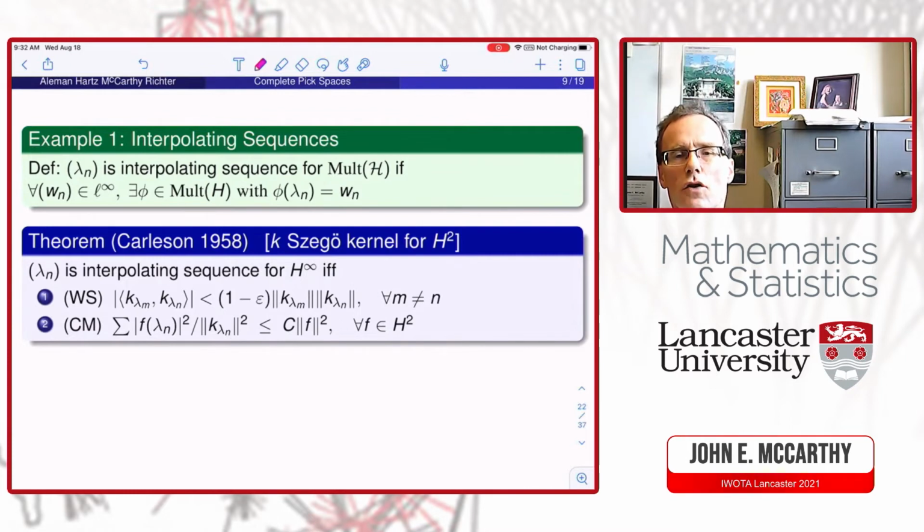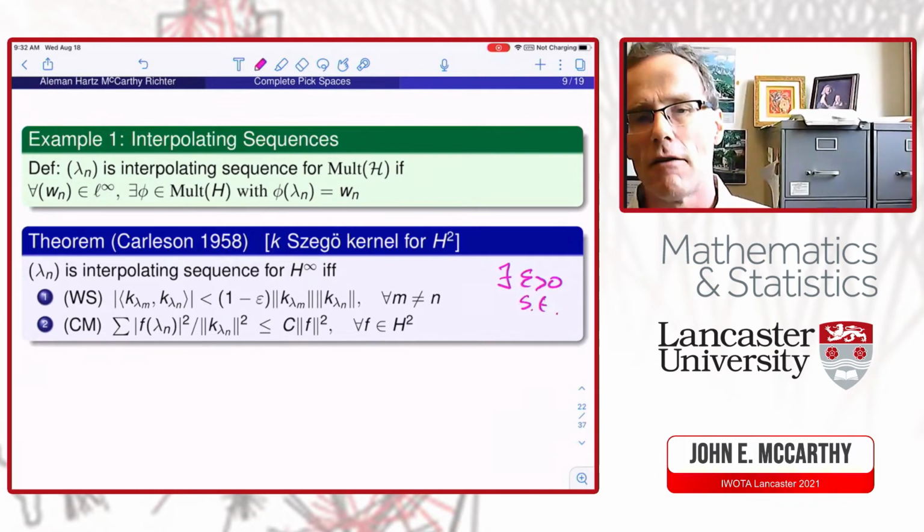The first one is called weak separation. And that says for every pair of points, lambda m and lambda n, if I take the inner product of the normalized Szegő kernels at lambda m and lambda n, the absolute value of that is less than 1 minus epsilon. So there's some fixed epsilon, not depending on m and n. So I guess I should have said there exists epsilon greater than 0, such that this holds for every m and n.